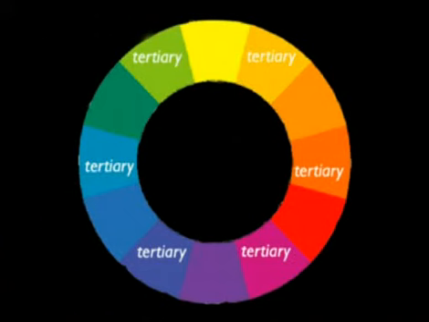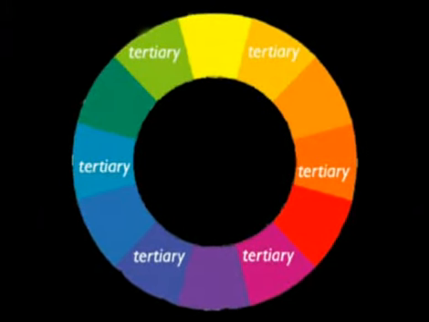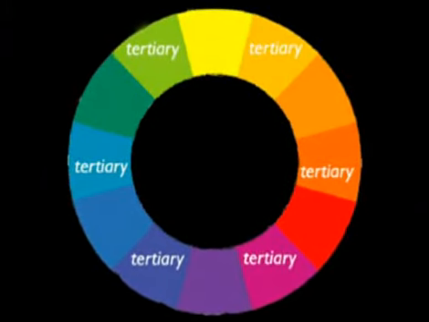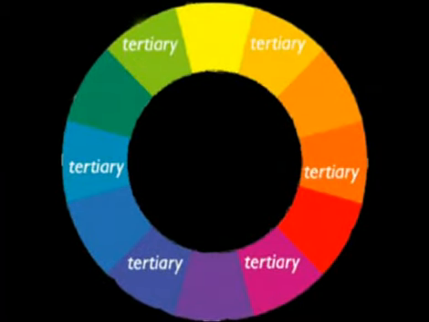Individual hues have relative weights and sensual values as well as special characteristics. We call them warm and cool colors. The hues on the opposite side of the wheel, green, blue, violet, and the intermediate tertiaries are termed cool.